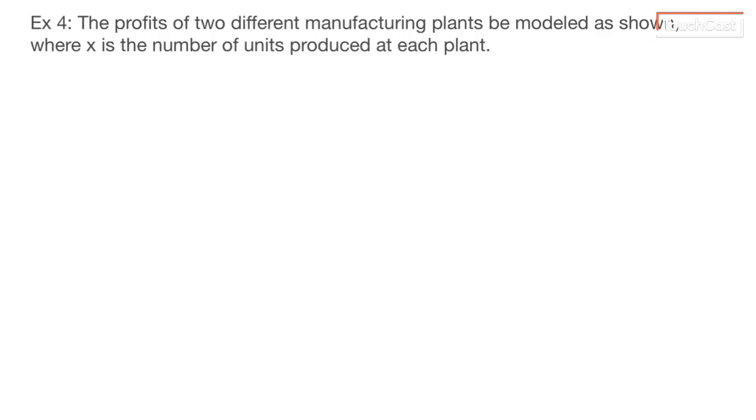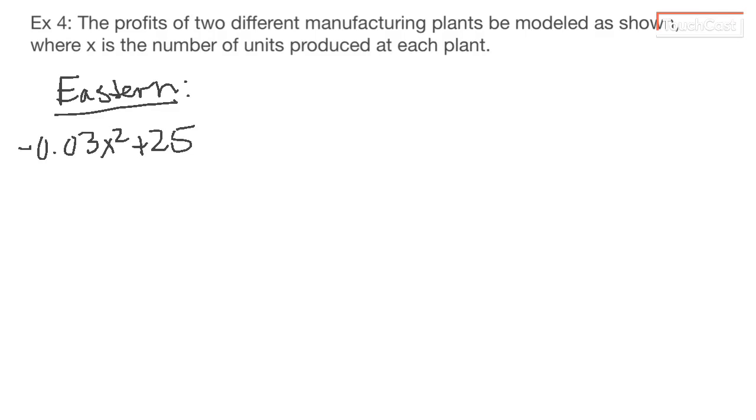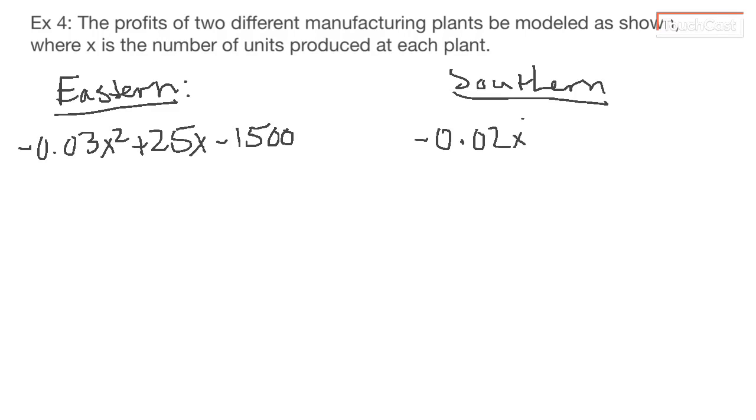So the equations, we've got two plants. We've got an eastern plant. It has the equation negative 0.03x squared plus 25x minus 1,500. Then we also have a southern plant, where that expression, or that polynomial, is negative 0.02x squared plus 2x minus 1,700.